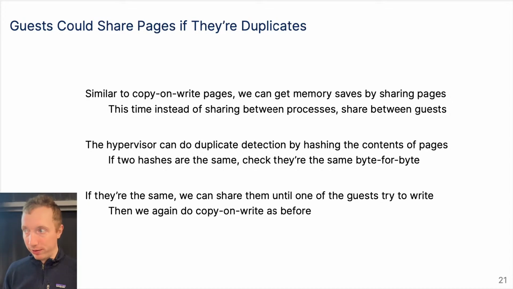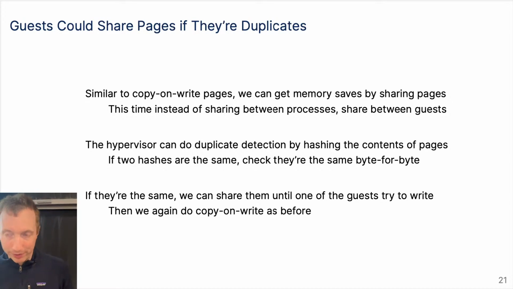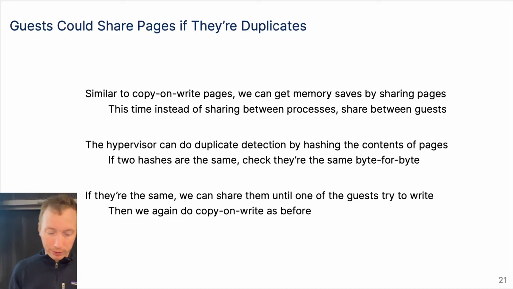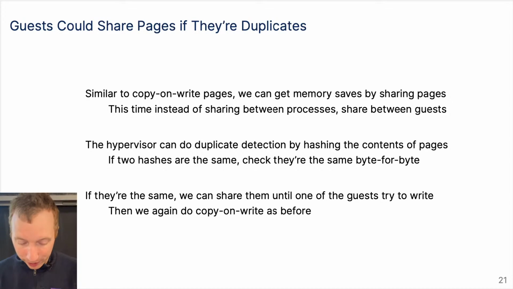All my processes can just share the same library. So you can do the same thing for virtual machines. Similar to copy on write for pages, you just want to share any memory pages that are read only. This time we want to share them between virtual machines instead of processes.